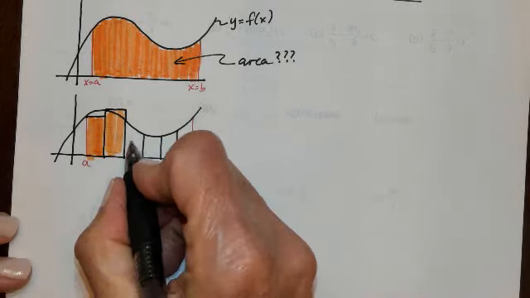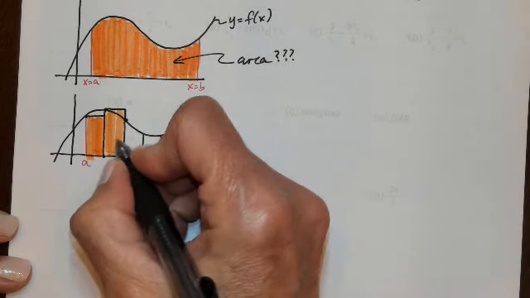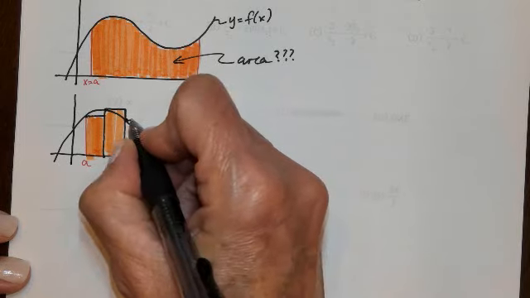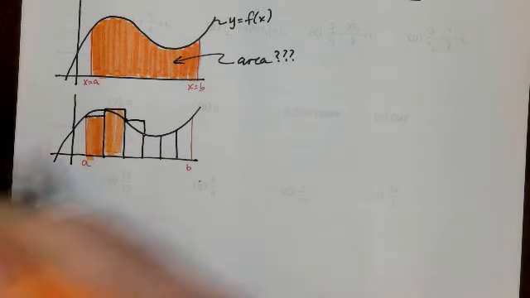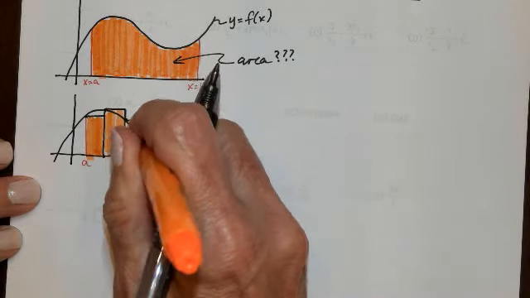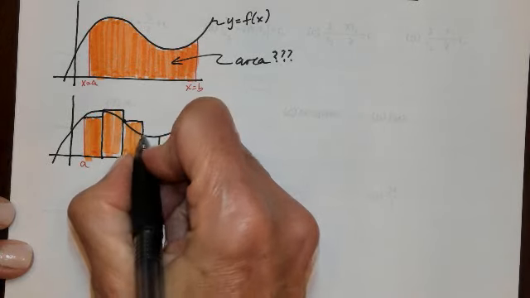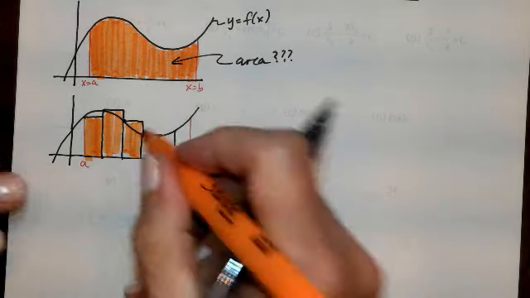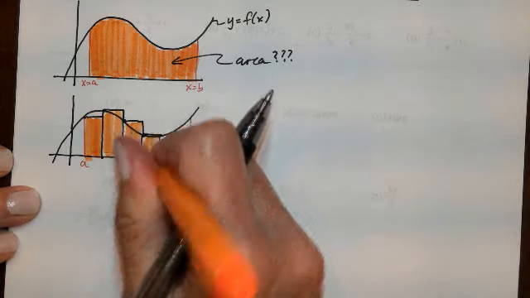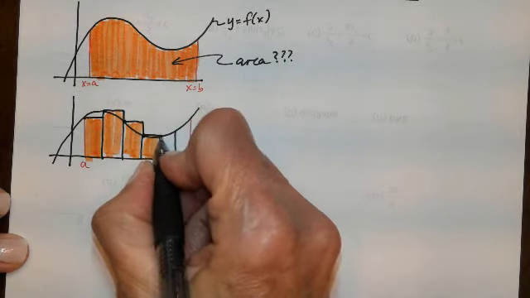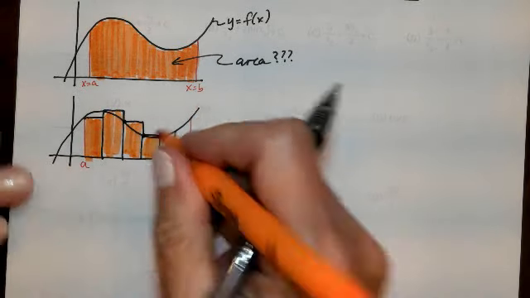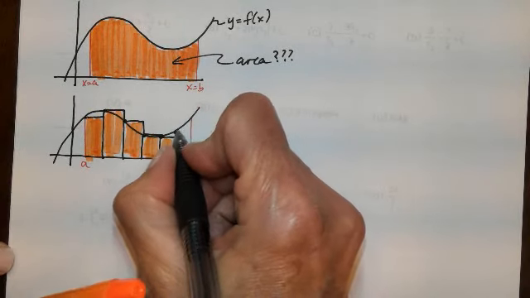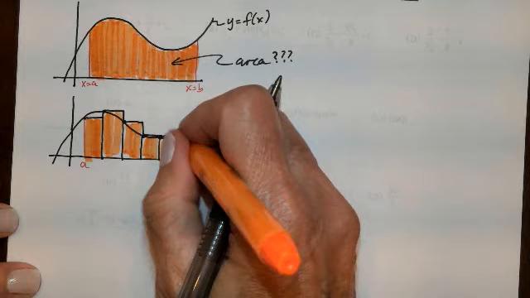For this next rectangle, the left-hand side is always the height where the curve meets. So that would be the rectangle. Here, this would be the height, like that. And this next one, this would be the height. And in the 6th rectangle, that left-hand side would be the height.